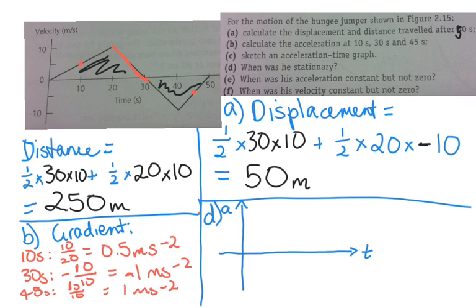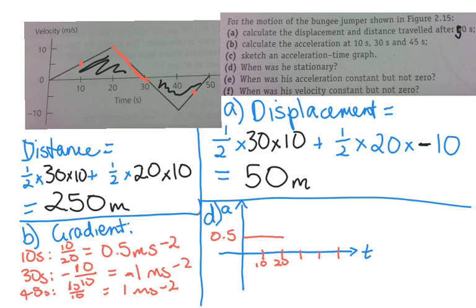We need to put some numbers on our graph, so we'll go 10, 20, 30, 40, 50. Between 0 and 20, our acceleration is positive 0.5.